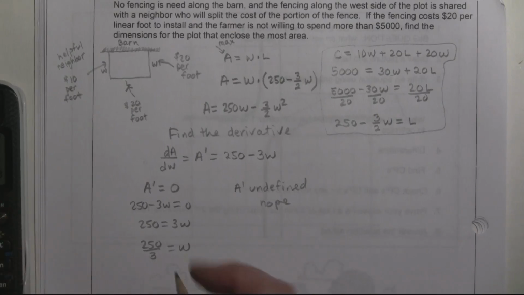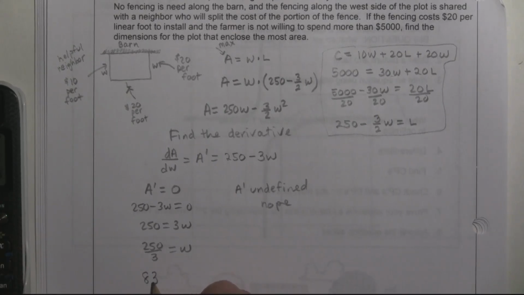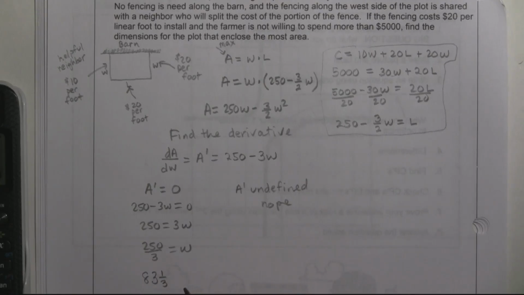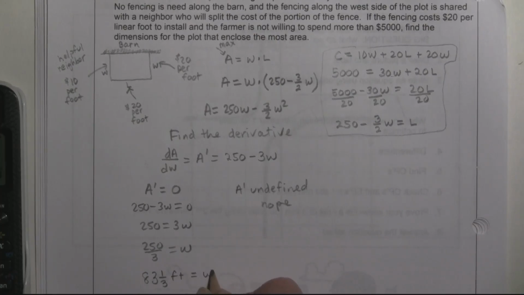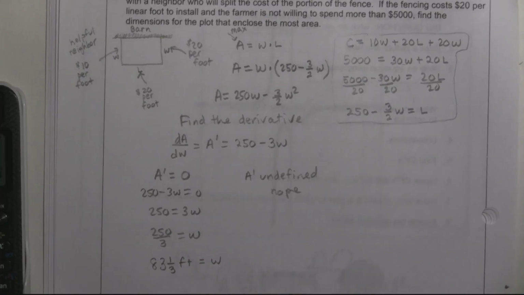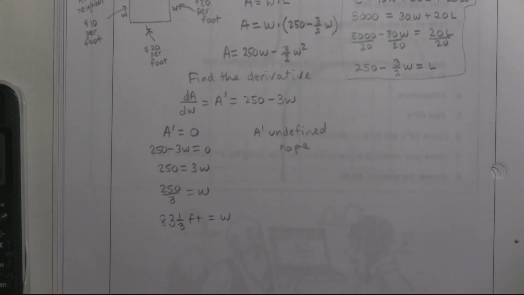And so this is 83 and 1/3. Was this feet or yards? Feet is equal to W. Okay, I just like that better, because I can kind of imagine what it's going to be, and my dad out there with a tape measure.